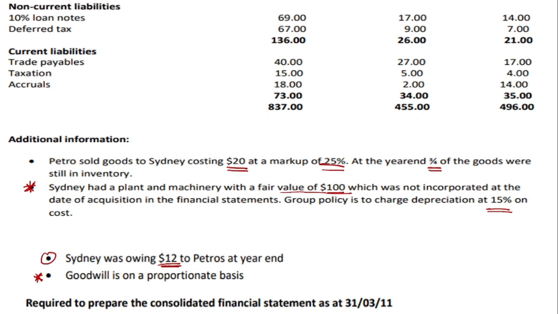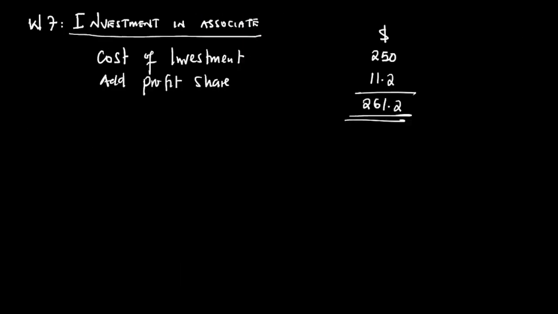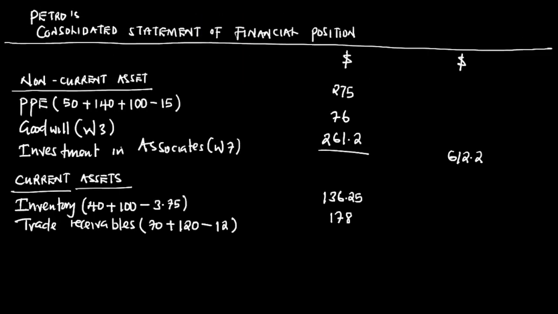So we can go to that part of the question. That's why we have the 12. Then the cash, open brackets, that's the parent 27, subsidiary 95, total 122.